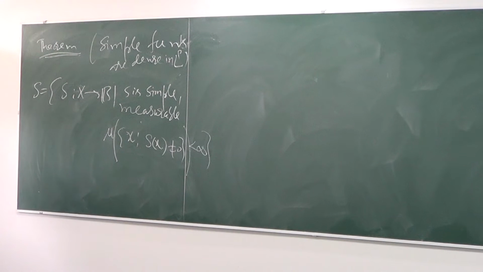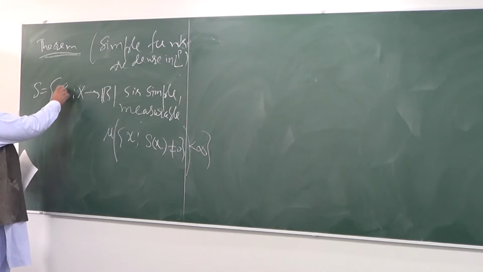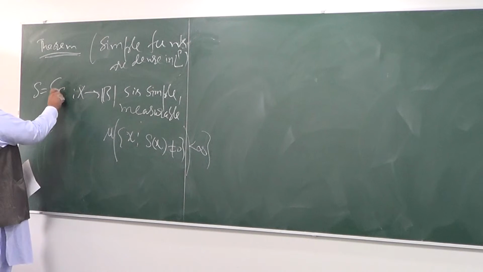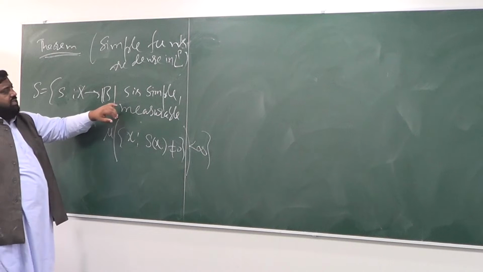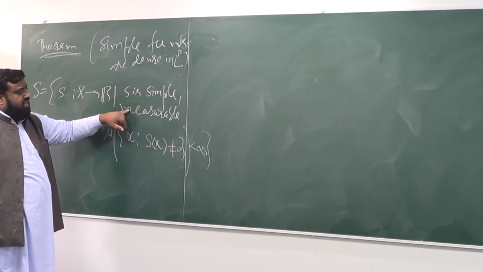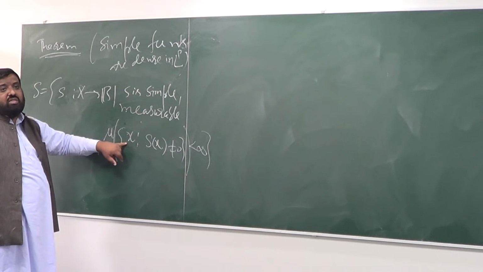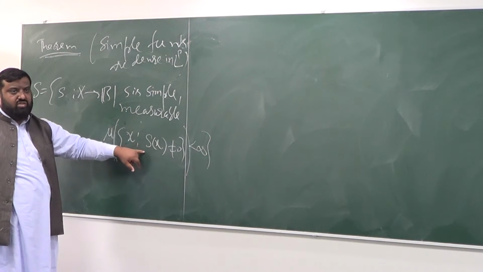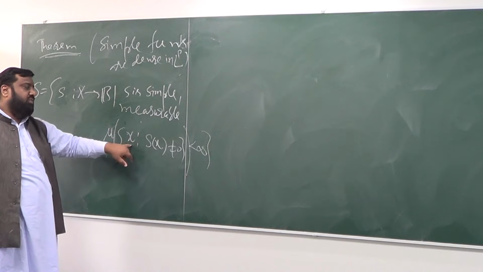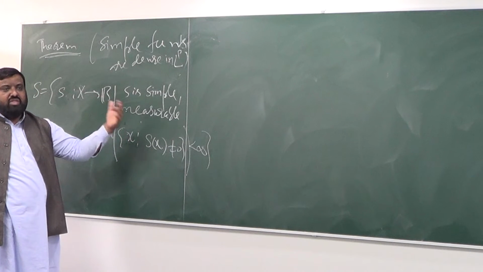So S is the collection of simple functions such that they are measurable, and the collection of the points where the function is non-zero must have a finite measure.